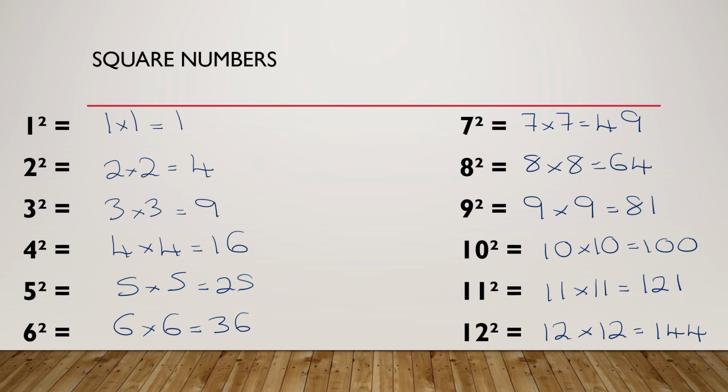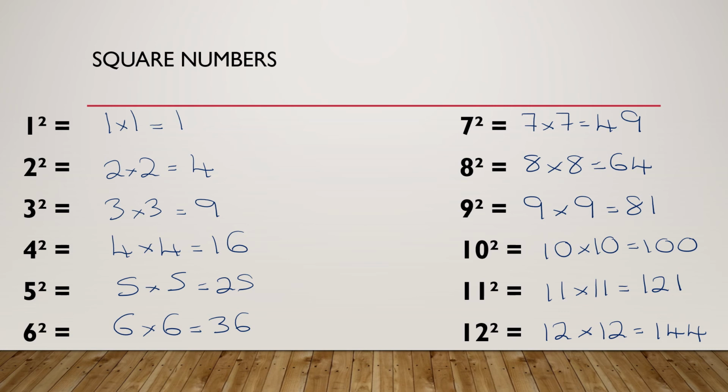These are something that we'd be expected to learn. We need to know that 12 squared is 144. We should learn these. We might get asked other things, so we might get asked to actually work something out. So we need to understand that the index notation, that exponent, means that number multiplied by itself.